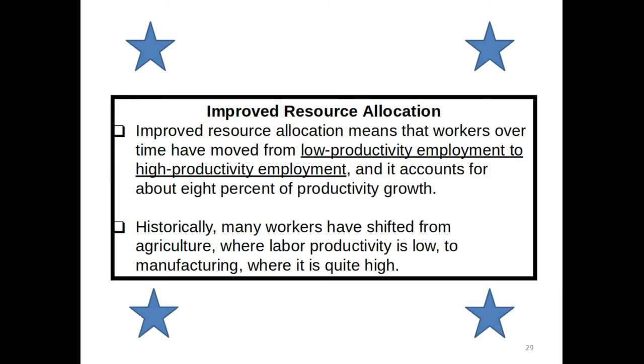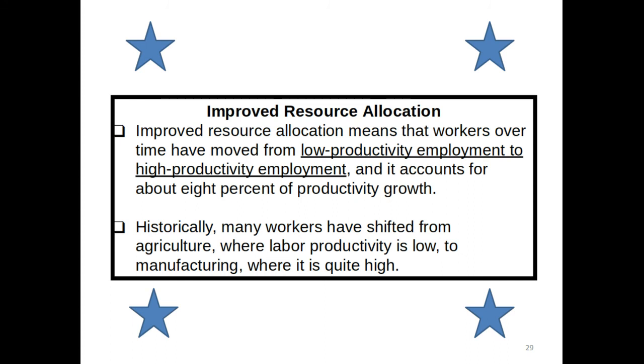Improved resource allocation. One of the things that helps productivity is if we move people from low productivity jobs to high productivity jobs. Looking at our economy as a whole, we used to be an agricultural economy. Agriculture is a low productivity job. There's only so much you can grow in the space given, and it's hard to do more than that.